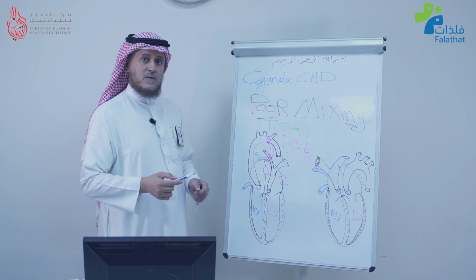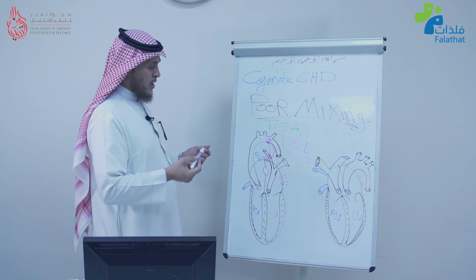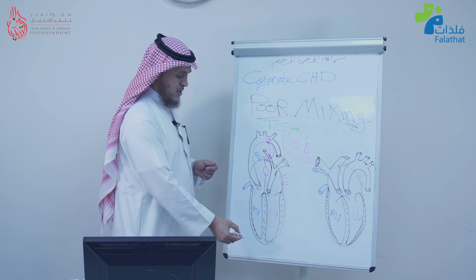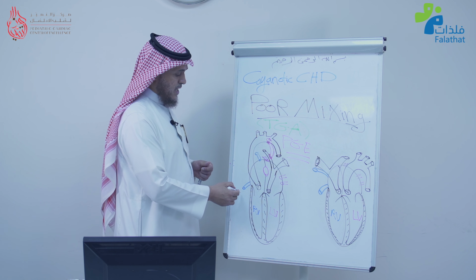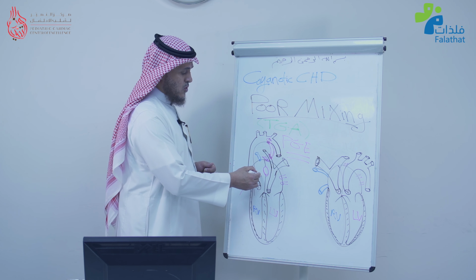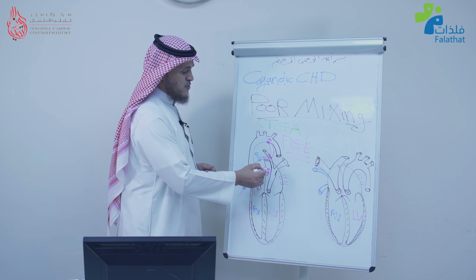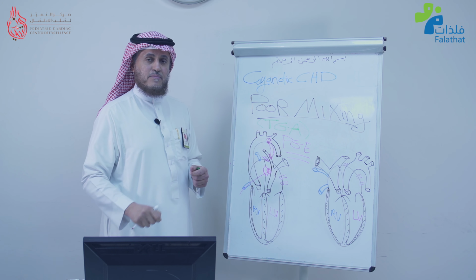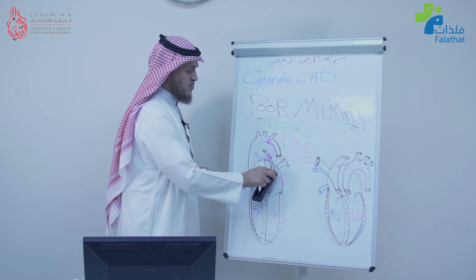And this can be done in the first few hours, first few days of life, interventionally by cardiac catheterization, going from the venous side with a catheter and a big balloon here.